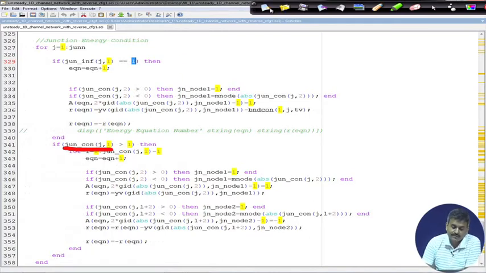So, that is why I have written L equals junction connectivity minus 1. We have 3 connected channels, so we will have 2 conditions.